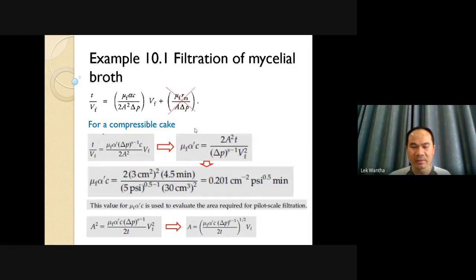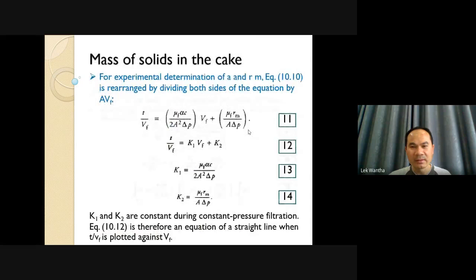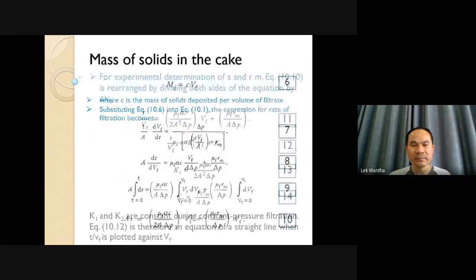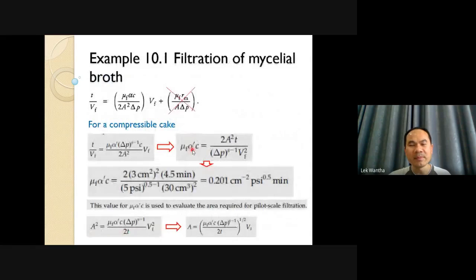From the compressible cake, we express the equation with the formula alpha equals alpha naught times delta p to the power s. We know s. For this example, we don't know mu, we don't know alpha naught, and we don't know c. For this case, we assume the fluid in the lab scale and pilot scale has the same viscosity, so this is constant.